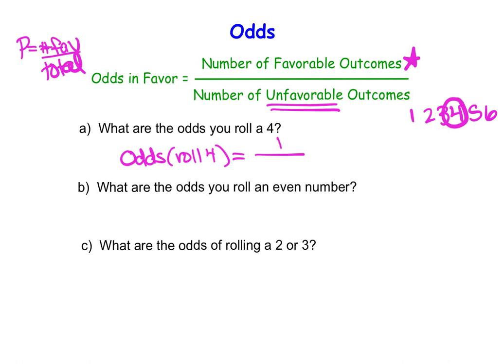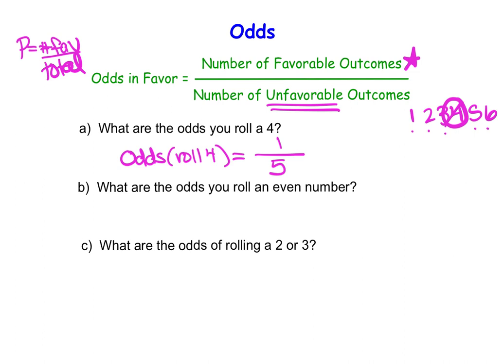However, the bottom is not going to be 6 because the bottom is not the total. The bottom is the number of unfavorable outcomes, so everything that is not a 4. So that's going to be 1, 2, 3, 5, and 6, which means we have 5 unfavorable outcomes. So notice the slight change here about how odds is different than probability. Odds is favorable over unfavorable.